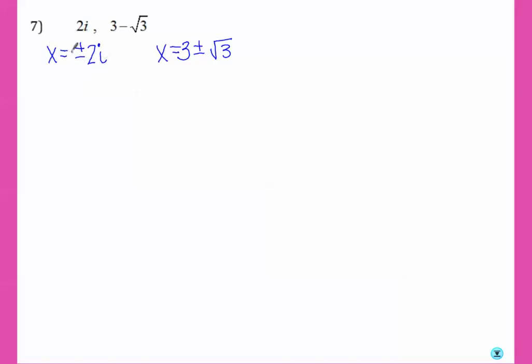In our first one, there's nothing in front of the plus or minus to move to the other side, so we can square both sides right away. We get x squared equals 2 squared is 4, i squared is negative 1, so 2i squared is negative 4.